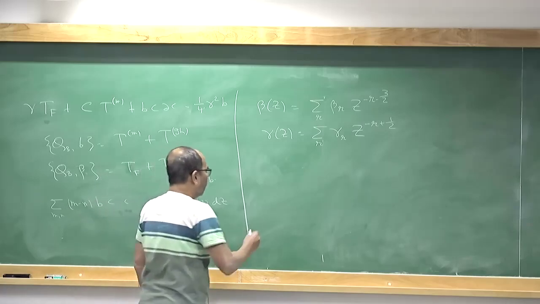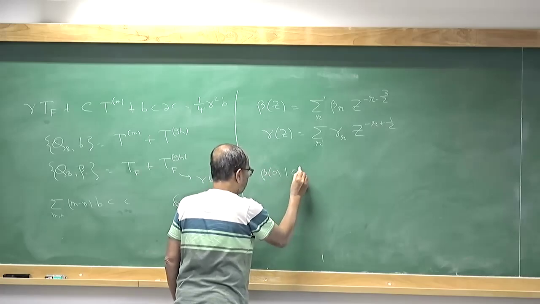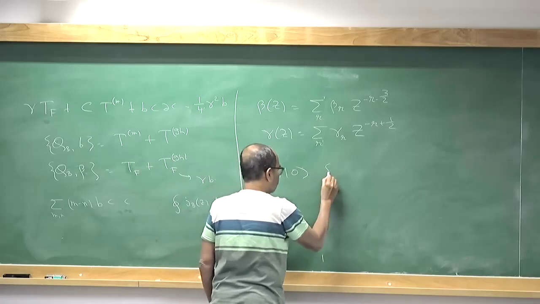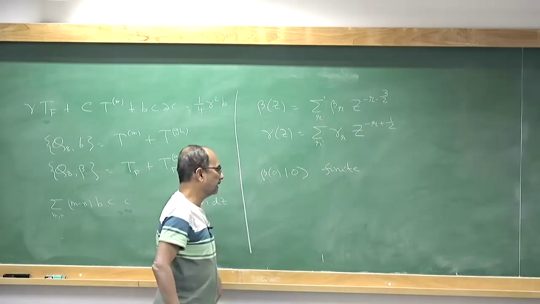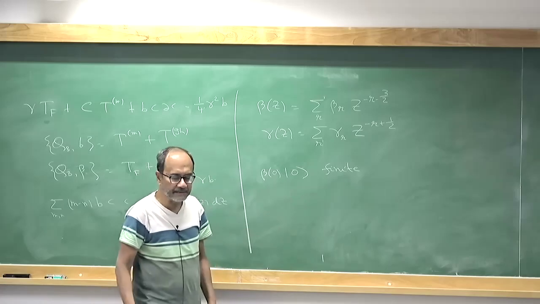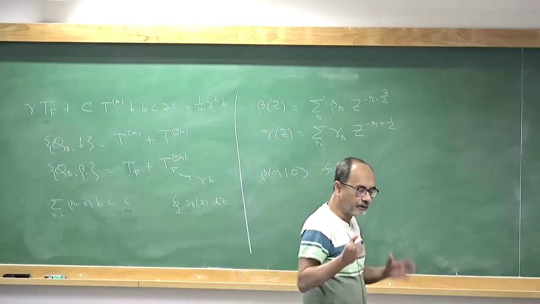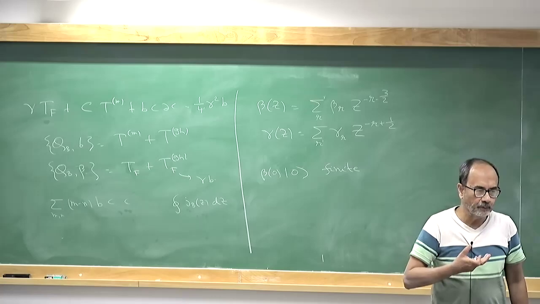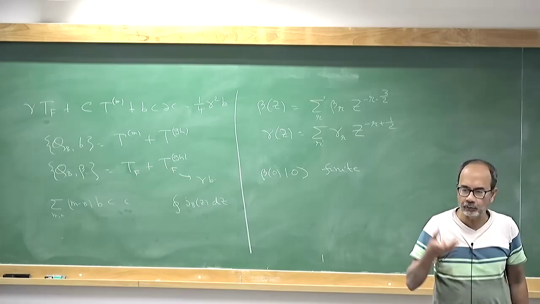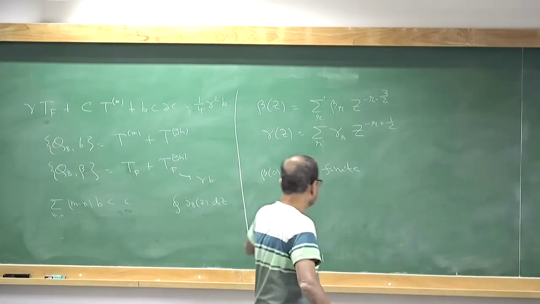Now beta of 0 acting on the vacuum should be finite. Why? Because the operator that creates the vacuum out of the SL2 invariant vacuum is the identity operator, and when you bring anything close to the identity operator, you shouldn't get any singularity.